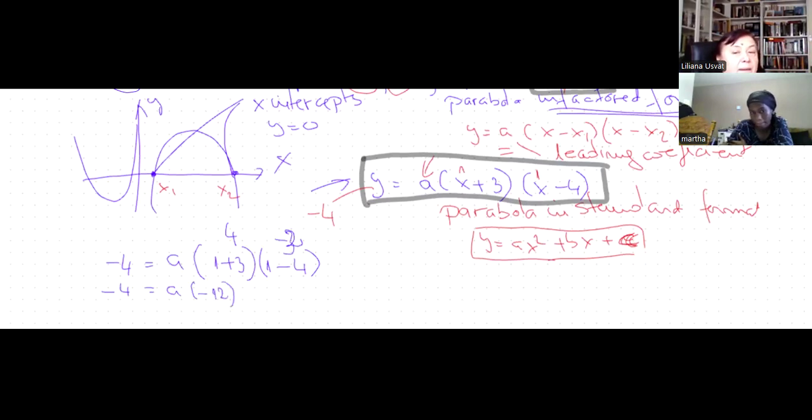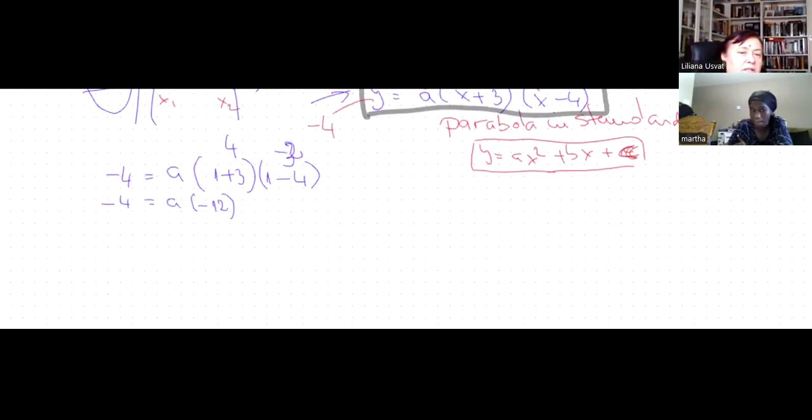Now we divide by -12 left and right. -4 divided by -12 equals a. So a equals 1/3.